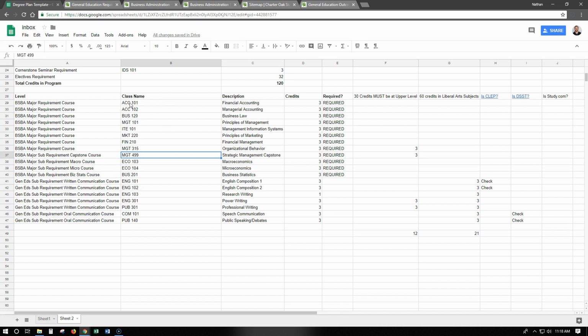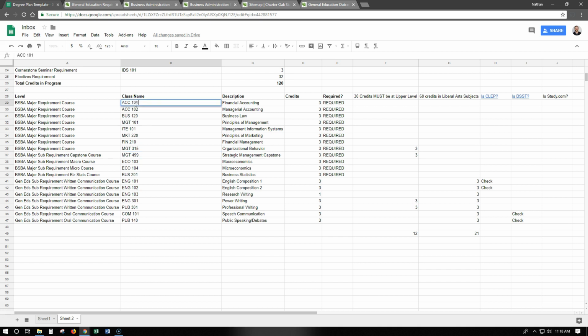Now, what the second and third and sometimes fourth numbers mean really depends on your college. One of the things that I can tell you is that usually the third number or the final number designates what term the course is in.